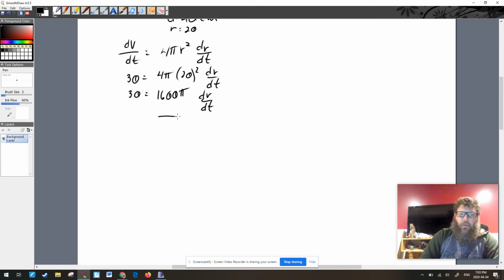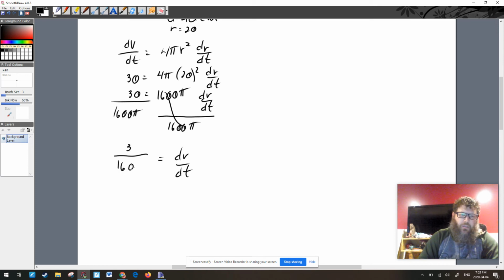I'm going to divide both sides by 1600 pi, and we're going to get dr by dt is, when you simplify it, 3 over 160 pi. So what that means is the radius is increasing by 3 over 160 pi centimeters per second at that particular juncture.